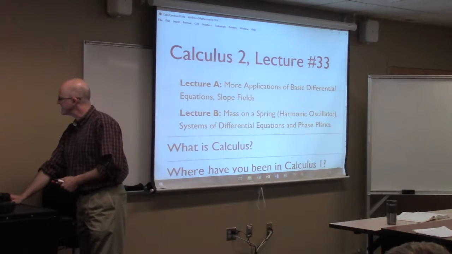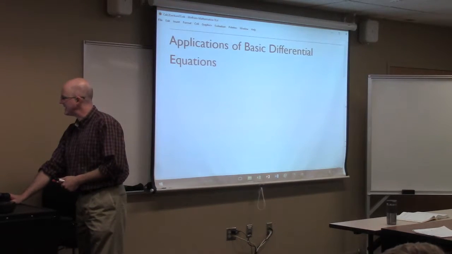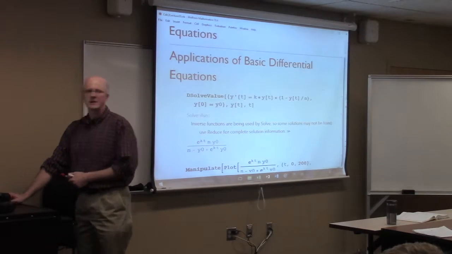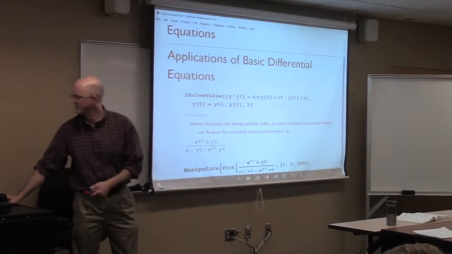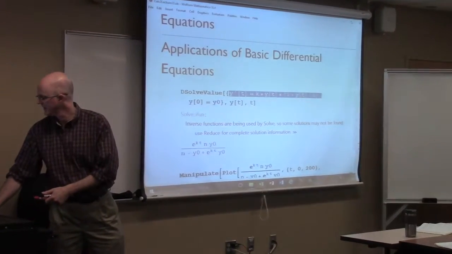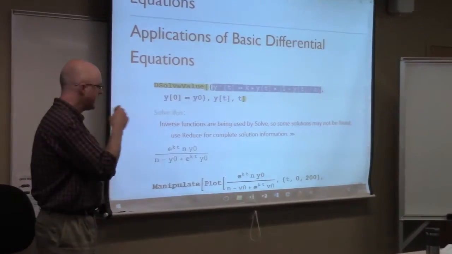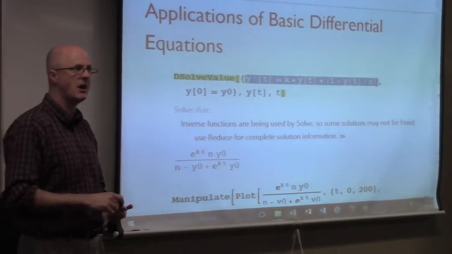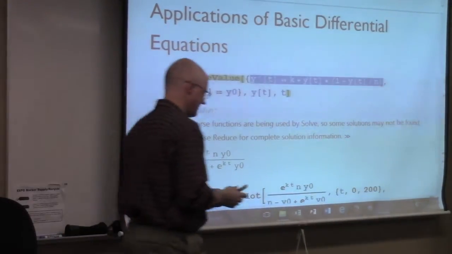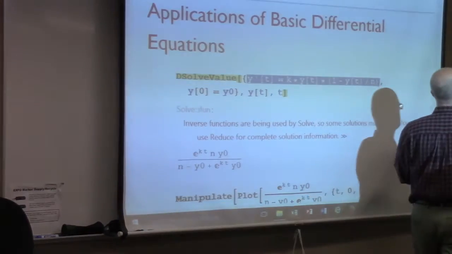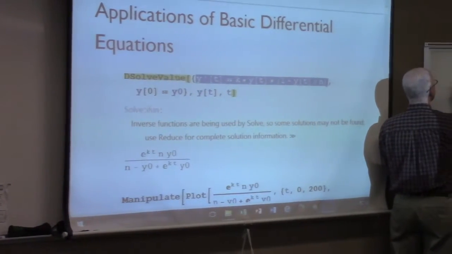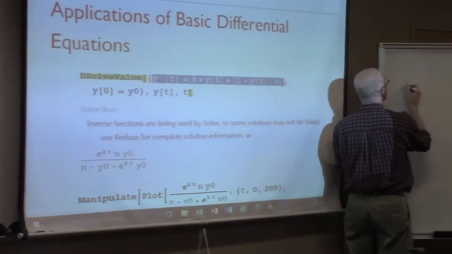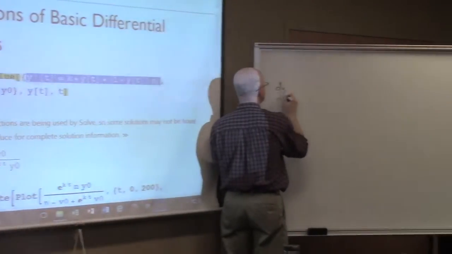All right, let's consider once again the logistic model of population growth. Essentially this differential equation right here. Although I think I'm going to do like the book does, and I'm going to call the carrying capacity L. So the differential equation here is going to be dy/dt.